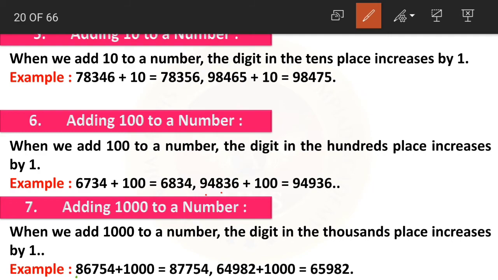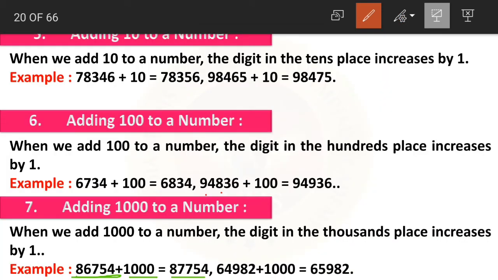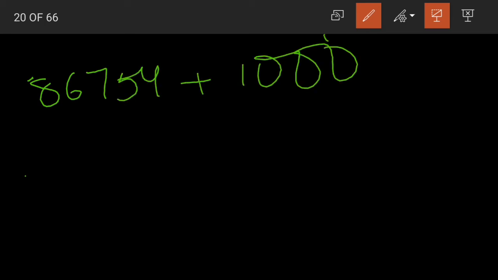Example, 86,754 plus 1000 is equal to 87,754. See, what was the number again? 86,754 plus 1000. Now here again in ones, tens, hundreds and thousands.